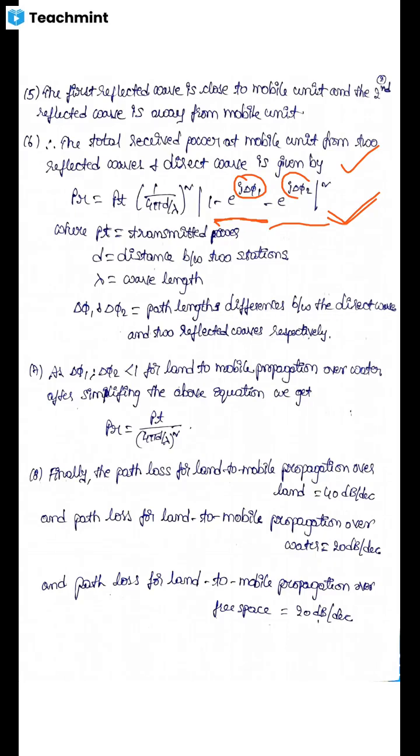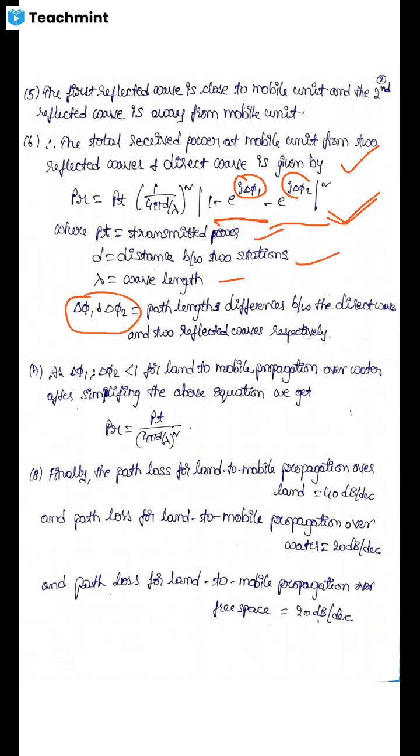We know that PT is the transmitted power, d is the distance between the two stations in the diagram, and lambda is the wavelength. Here del phi 1 and del phi 2 represent the path length difference between the direct wave and the two reflected waves respectively. While studying the two-ray model we had also studied this.